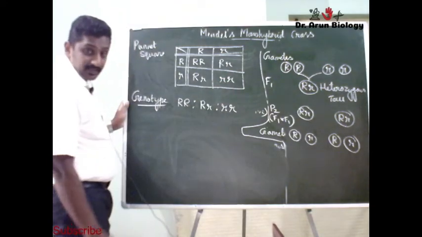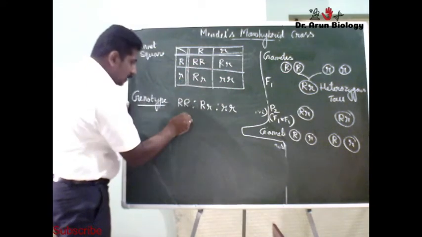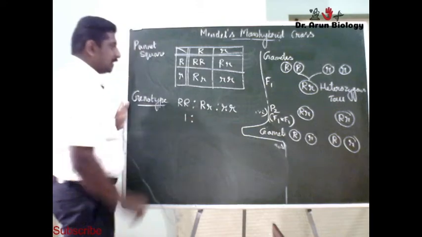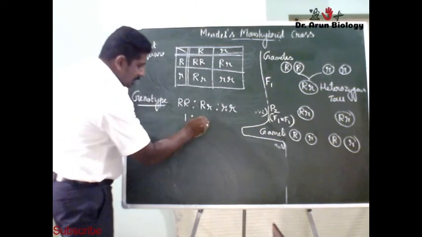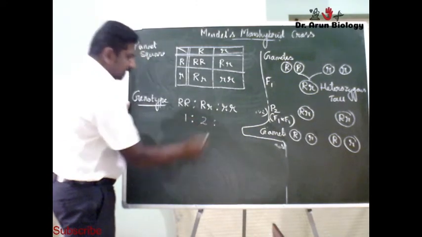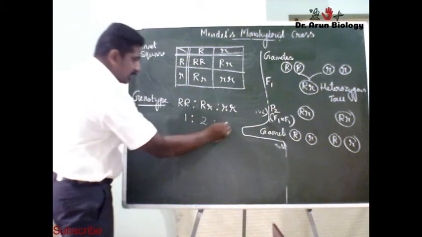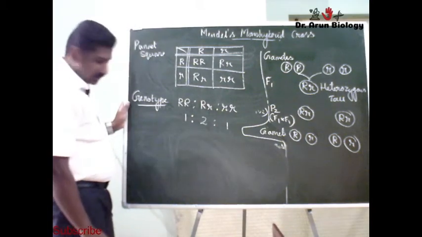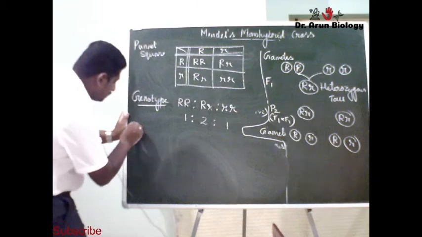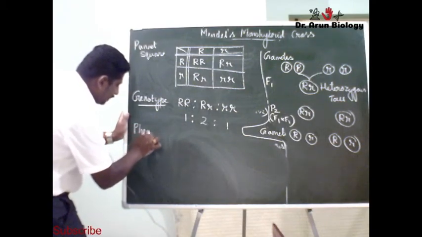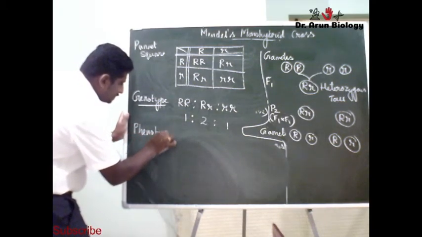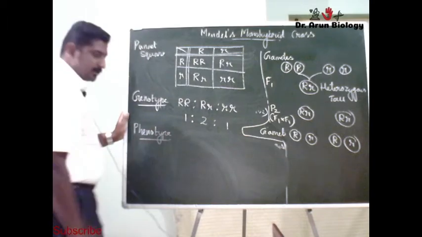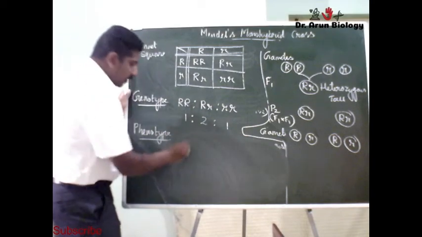How many times is capital R capital R there? Only one time. How many times is capital R small r there? Two times. How many times is small r small r there? One time. Okay, fine. Next, based on this, you have to put the phenotype. You know, phenotype is the external observable character. So there are only two possibilities.